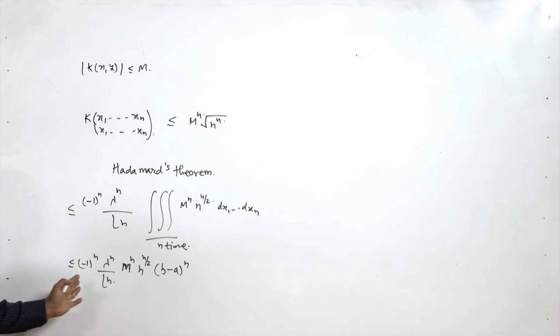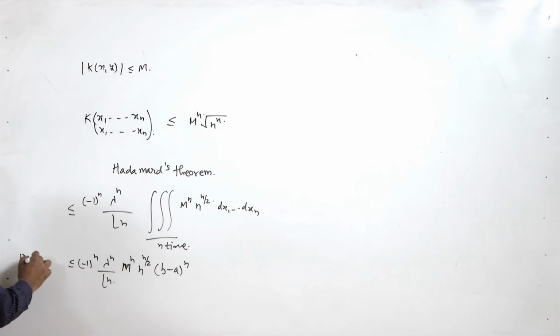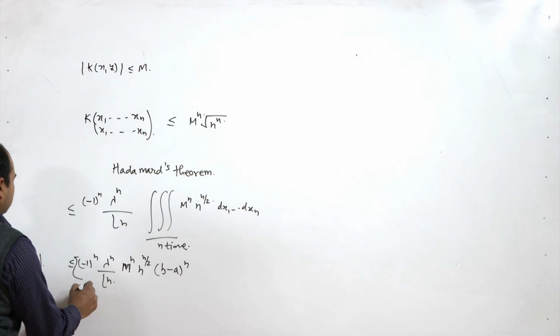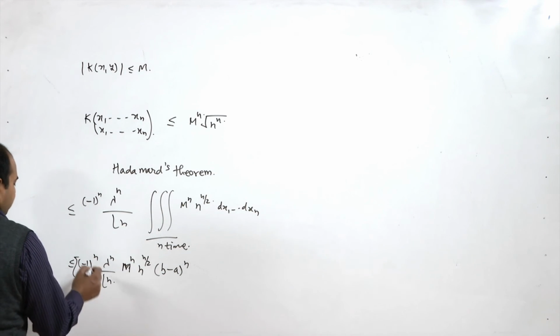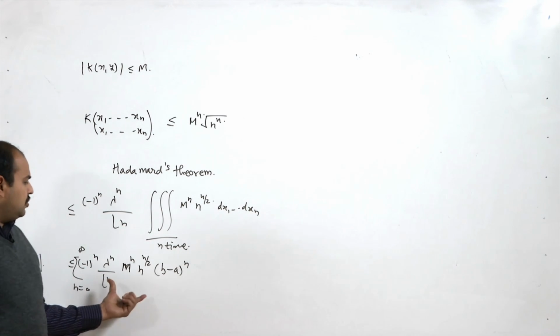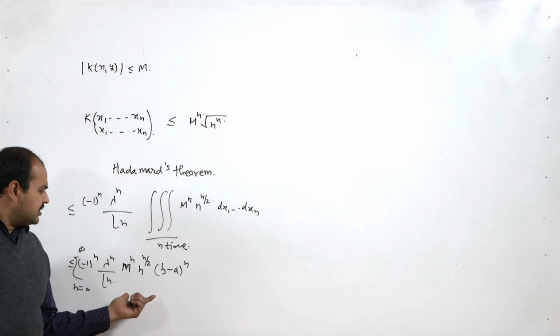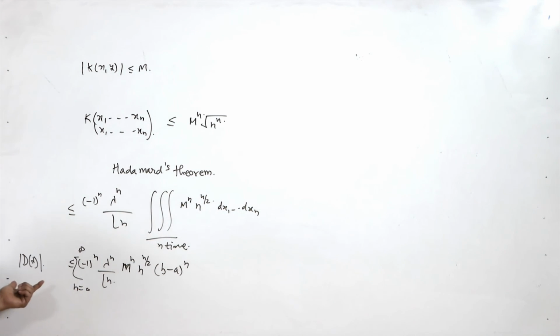So you can say that the modulus of d lambda is bounded by this summation, n from 0 to infinity, and we can show that this series is convergent. Then we can show that d lambda is also convergent by the comparison test.